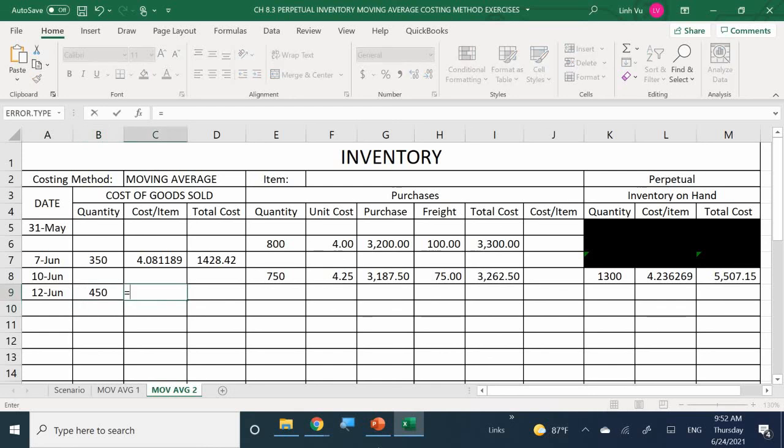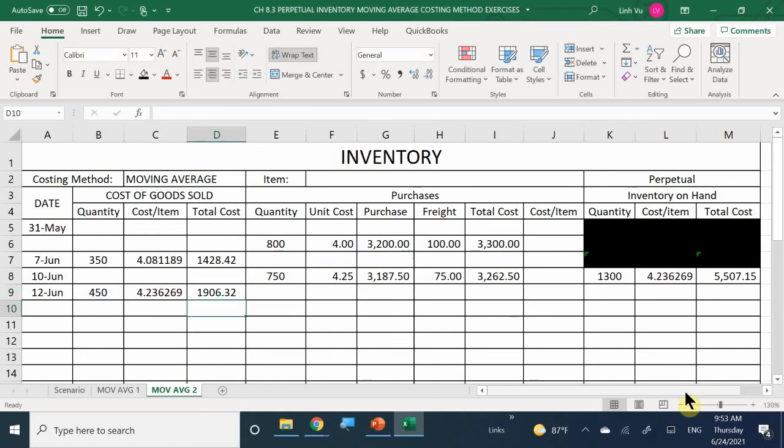All right. What's my average cost now, since I made a purchase of inventory? 4.236269. Good. So how much is it going to cost me to sell 450 items? 1906.32. $1906.32. Good.